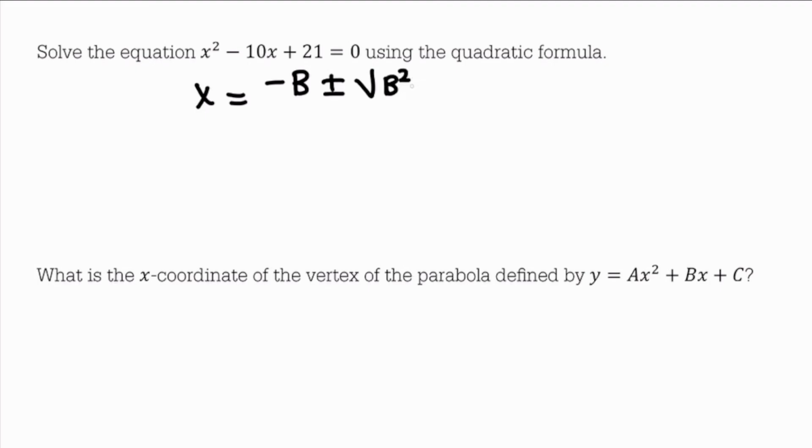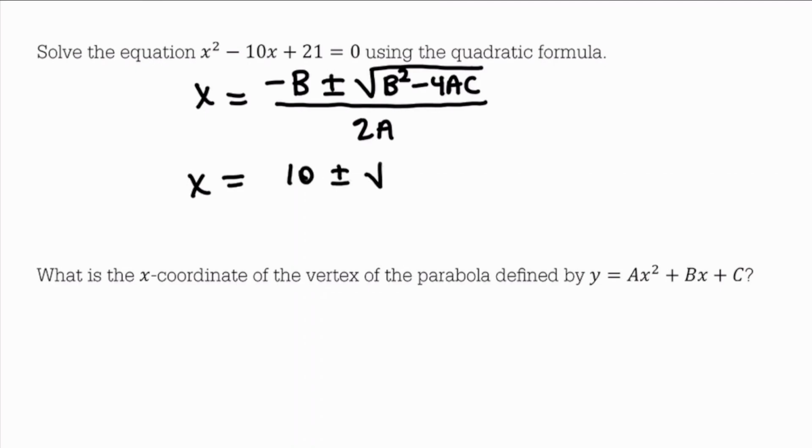The square root of b squared minus 4ac all over 2a. But also because this is kind of part of the message. So in our case, negative b would be positive 10 plus or minus the square root of b squared, which is 100, minus 4 times 1 times 21, which is 84, all over 2a.